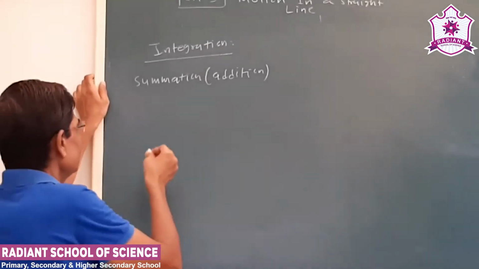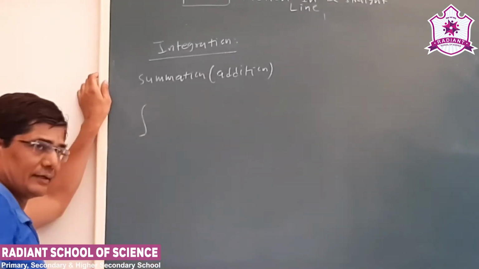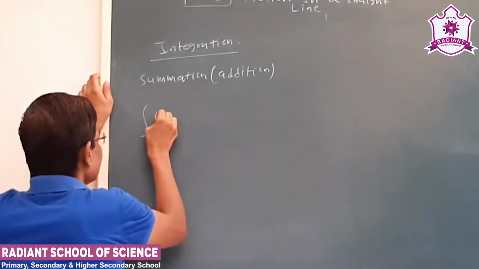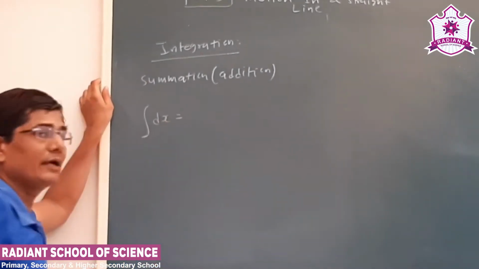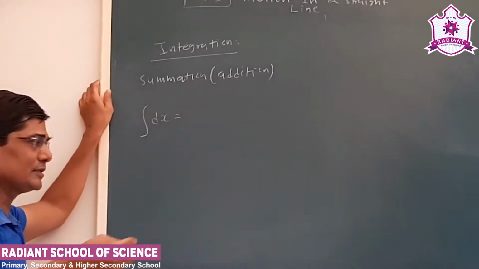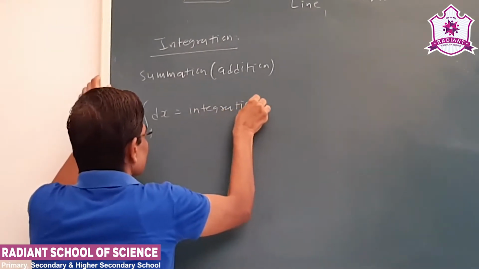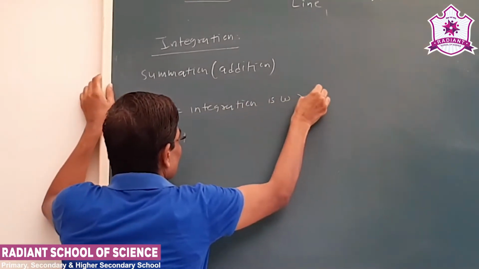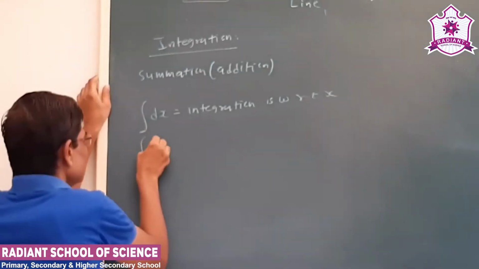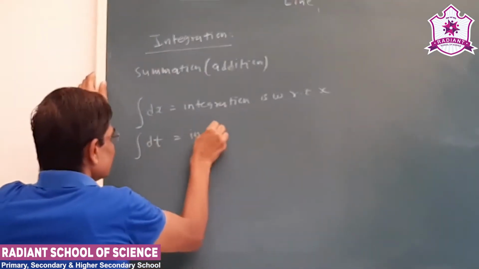See, this is the symbol of integration. Here dx is an operator, and this suggests that the integration is with respect to x. Suppose it is dt, then it is integration with respect to t.